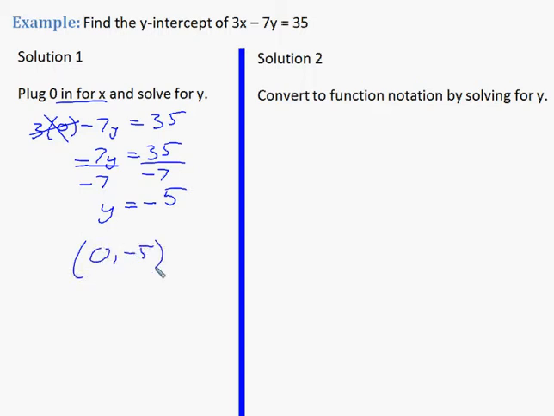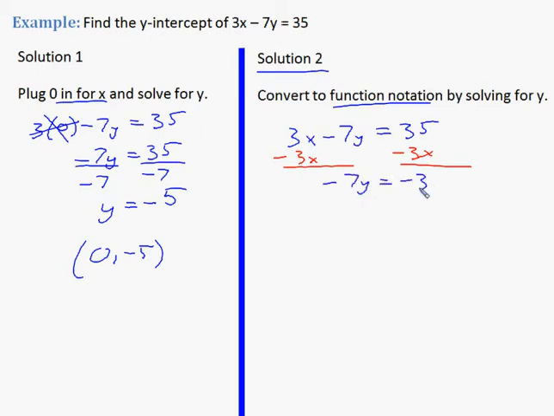Another way, in solution 2, is we could convert it to function notation. So we can solve for y here. We have 3x minus 7y equals 35. We can subtract 3x from both sides, which will give us negative 7y equals negative 3x plus 35.